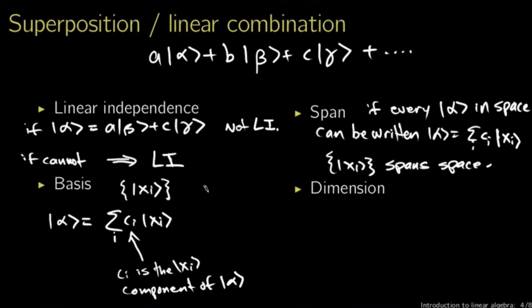So if I have a set of basis vectors that spans a space, the dimension of the space is the minimum size of a basis.